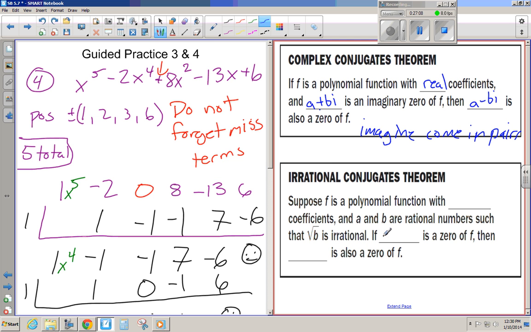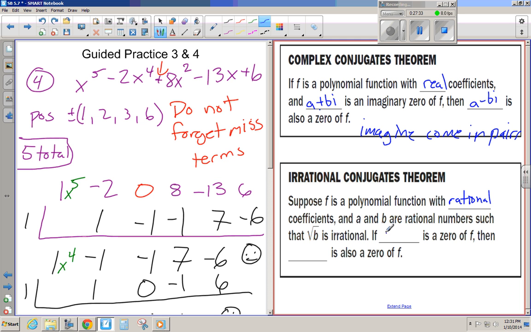Suppose f is a polynomial function with rational coefficients, and a and b are rational numbers such that square root of b is rational.